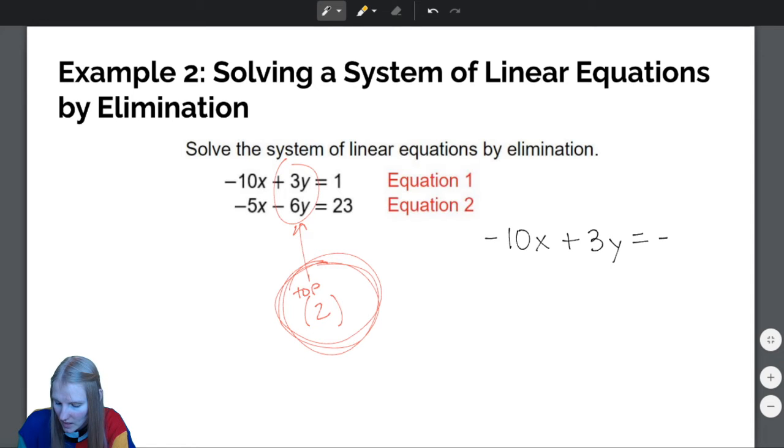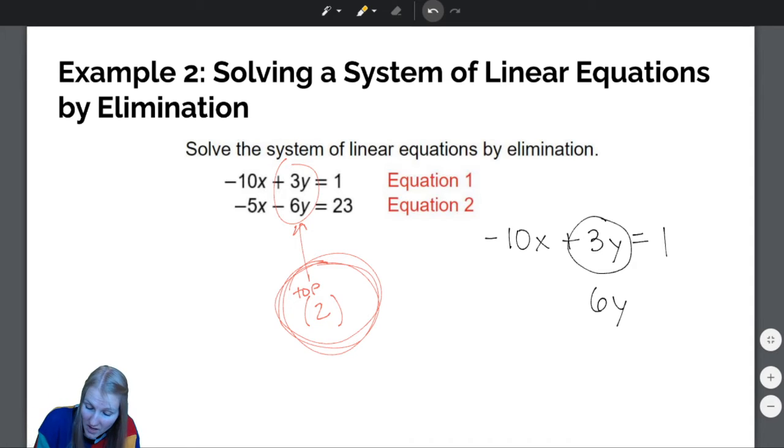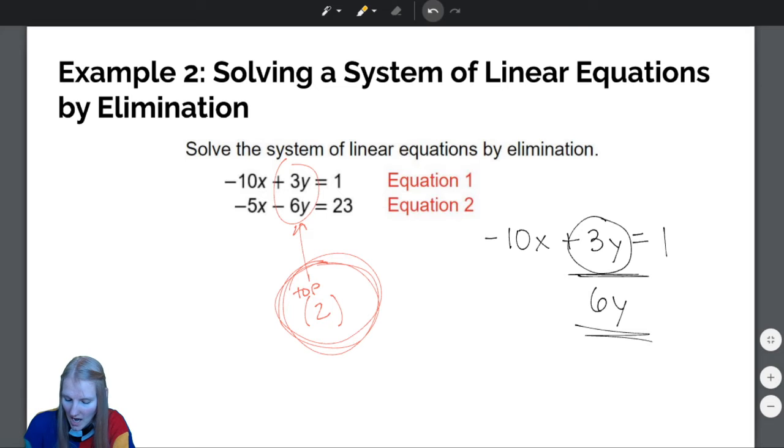-10x plus 3y equals +1. So I want to turn this 3y into a 6y, because then that will be the opposite of the -6y. In order to turn this into a 6y, I need to multiply by 2.